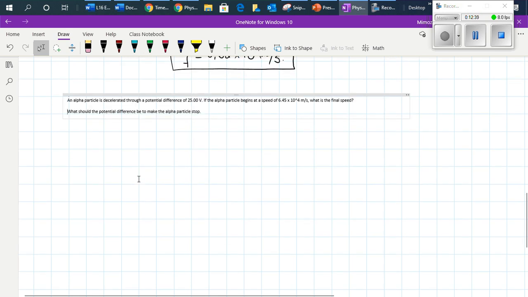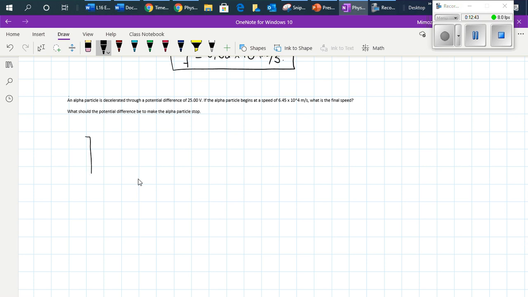So the situational diagram in this case is, again, we are between two parallel plates. And in one of them, we enter an alpha particle with an initial velocity, in our case, 6.45 times 10 to the power of 4 meters per second.